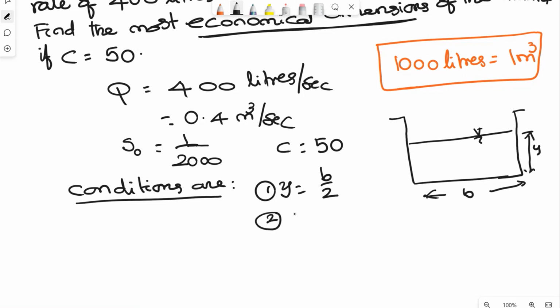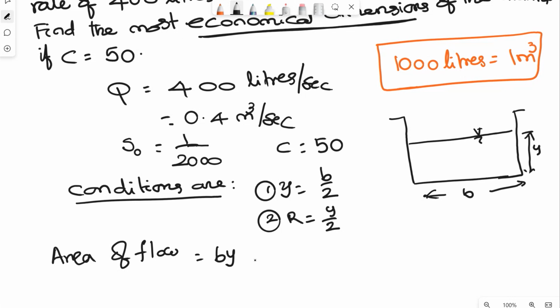Second condition is R is equal to y by 2. These conditions you write first. Then now we will take it. What is the area of flow? Area of flow is equal to b y, right? If I take b is equal to 2y, into y, so it is 2y square.